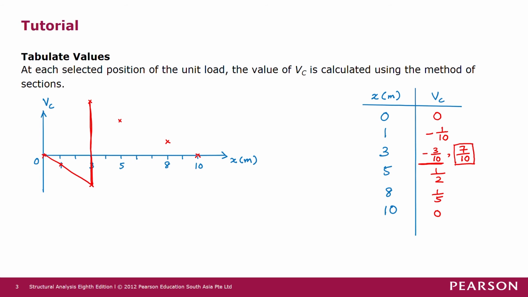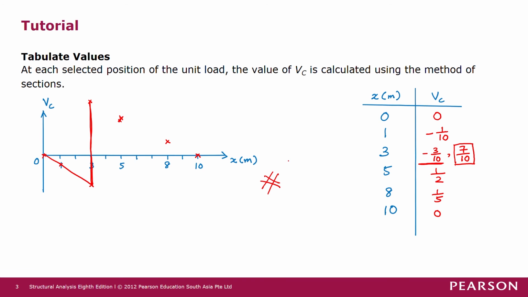Okay, so if you join these points here, then we are going to get straight lines like this. I'm using freehand to draw it. So this one you get a straight line.